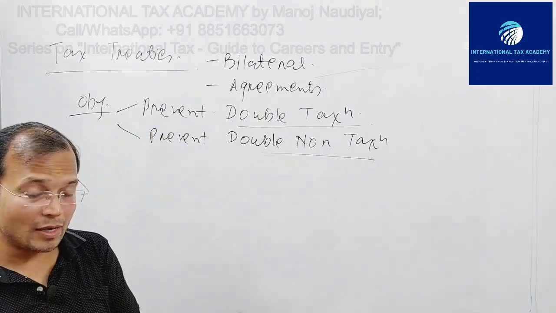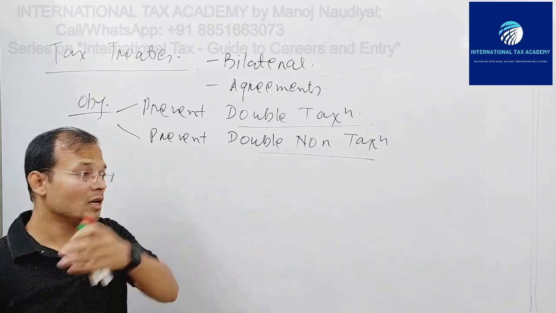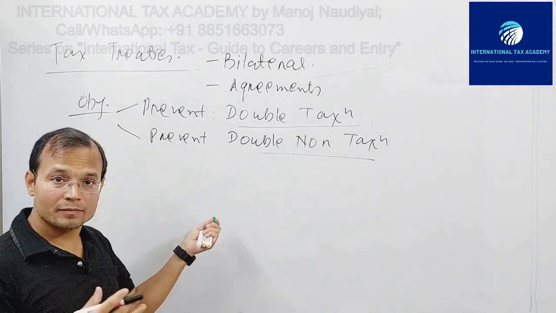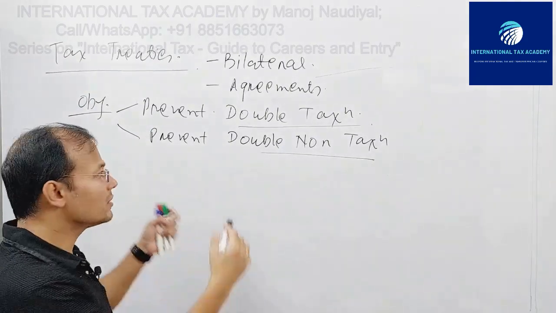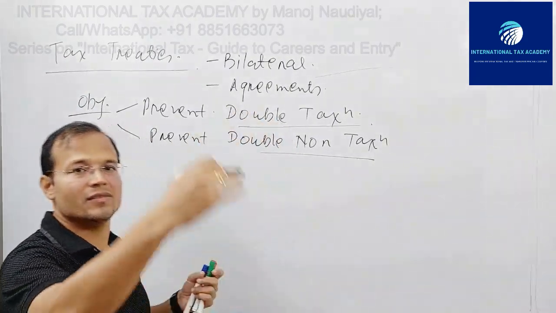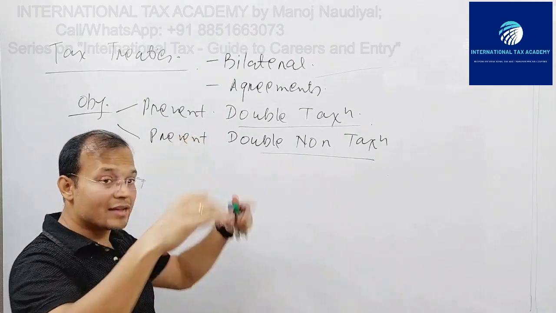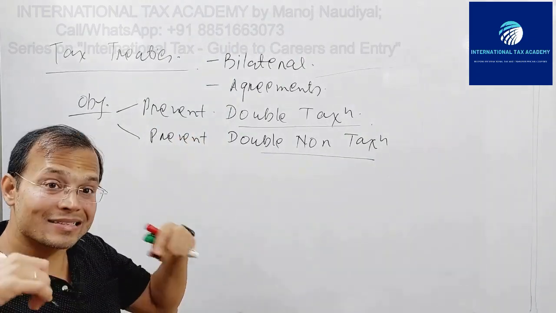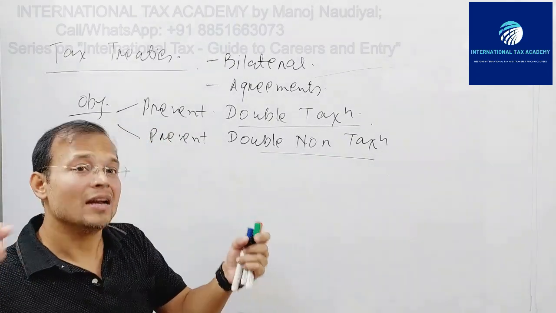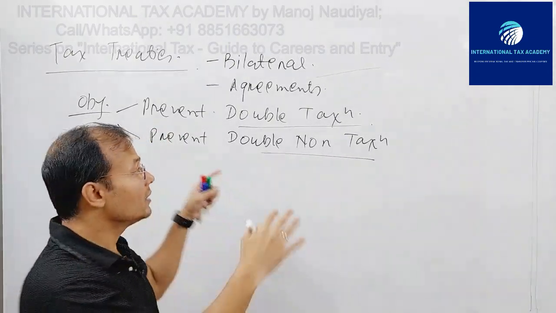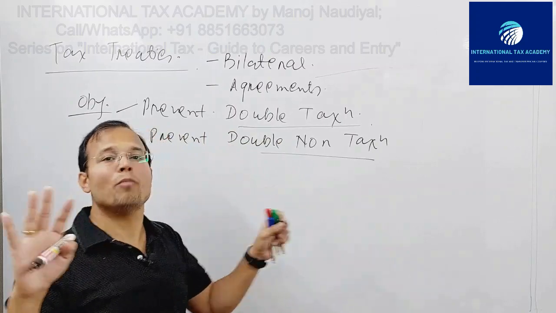double taxation of income, because this was an impediment for the conduct of international trade between countries. But gradually preventing double non-taxation of income, preventing tax evasion, has acquired greater significance, because double non-taxation leads to tax evasion, tax avoidance, tax fraud. Therefore this objective is equally important.